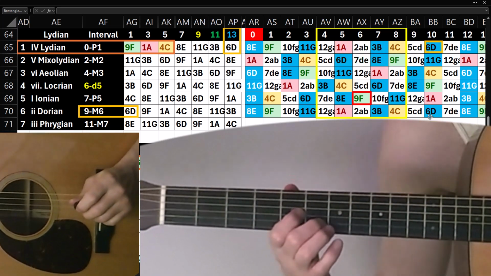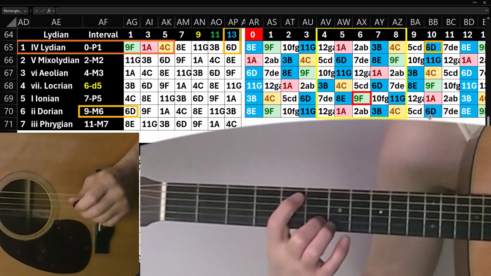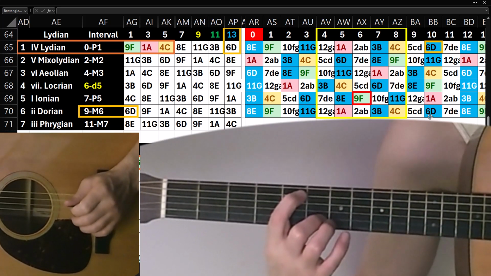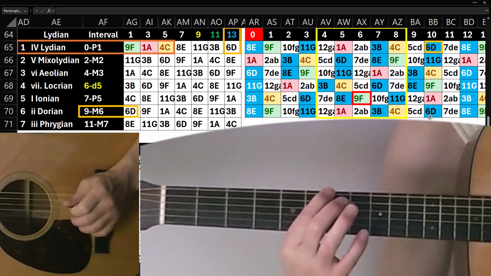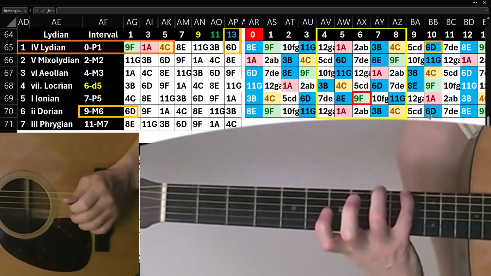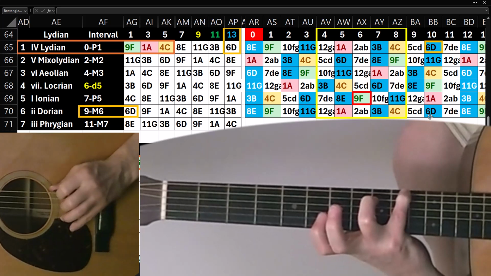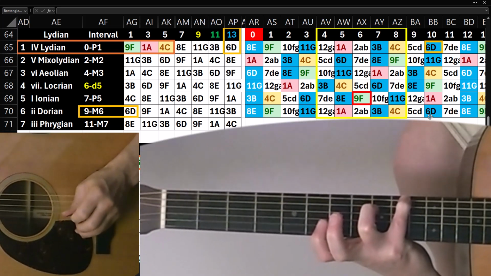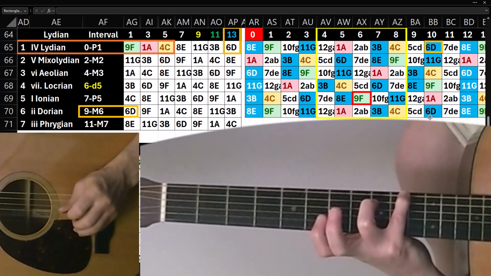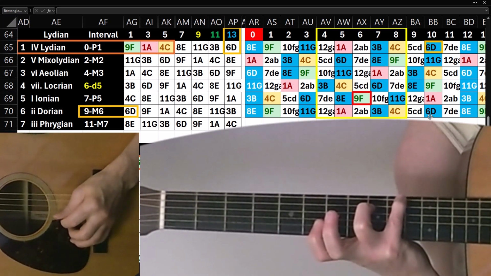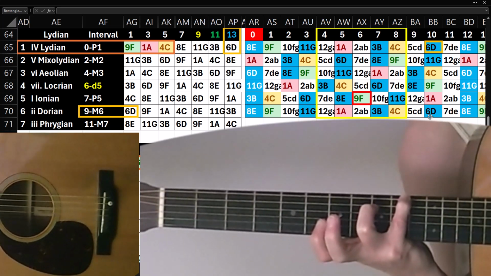I'm going to say -5, -10, -15. 15 minus 12 is -3, plus another 5 is -8. -8, 7, 6, 5, 4, 3. Boom, boom. So if I play from this D to the F, that would then be a 3-note away minor third. If I go from the bottom to the top, therefore, that would be a 9-note away, which would be a major 6.